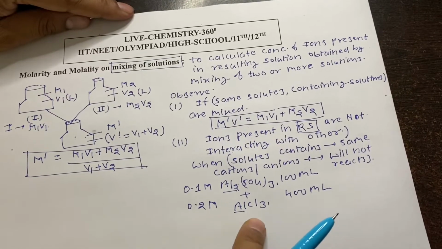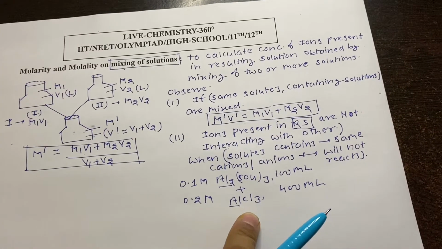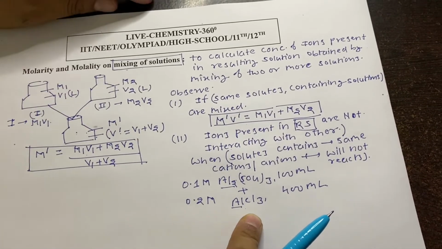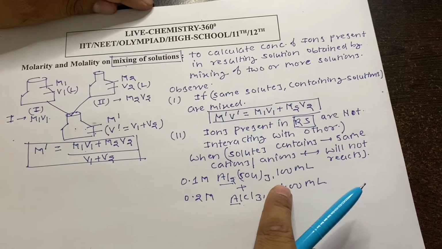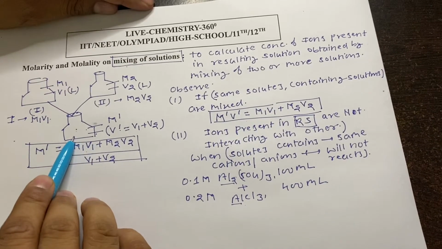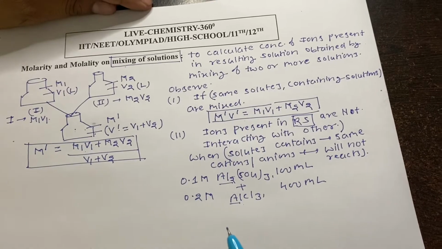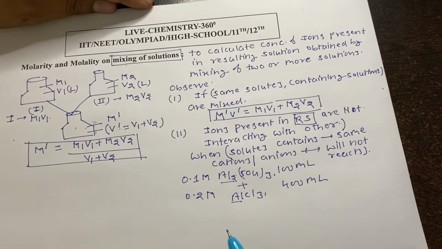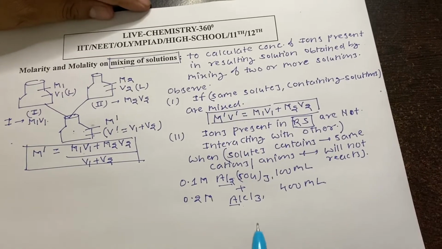So if we wish to find the resulting concentration of Al3+, SO4 2- and Cl- ions, we can easily calculate it in this solution by calculating the moles of individual species. So how can we work on this?